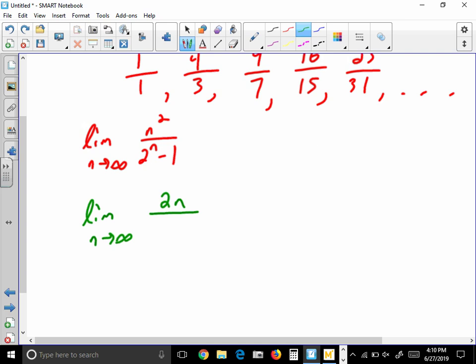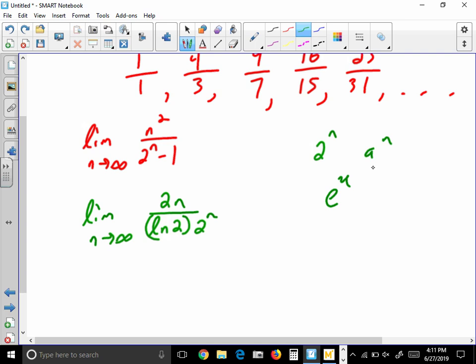Ooh, how do we take the derivative of 2 to the n? Remember that one? That's an a to the n. Remember, if we take the derivative of a to the n, that's natural log of the base times a to the n, and technically times the derivative of the exponent.